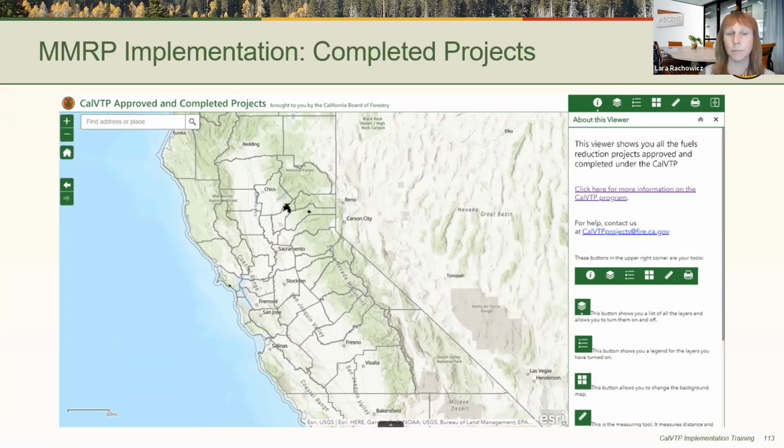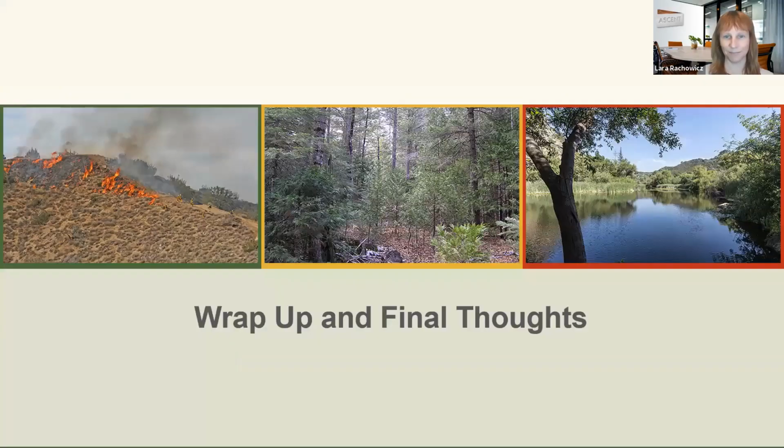And please submit the completed project information after the initial treatments are completed and then again after maintenance treatments are completed. We don't want to wait for all the maintenance treatments to occur in future years before this treatment is tracked as completed. All right, next slide.